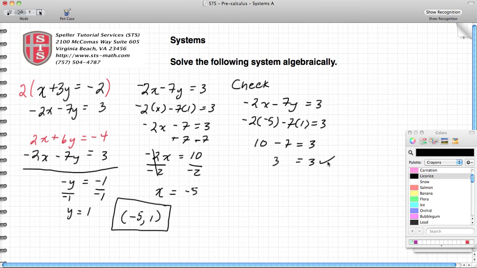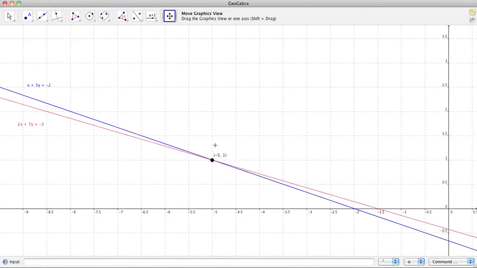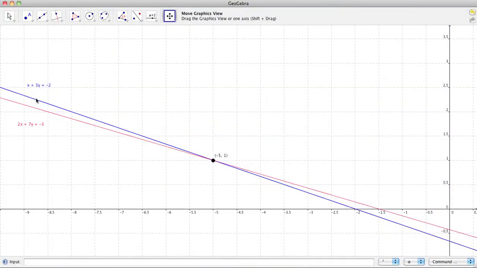Just to give us a different representation or different view of what we've done, I went ahead and graphed these two linear equations looking for the point that they intersected. And I have this in another program here. In this program, we see that the first equation, x plus 3y equals negative 2, is here as this blue line.